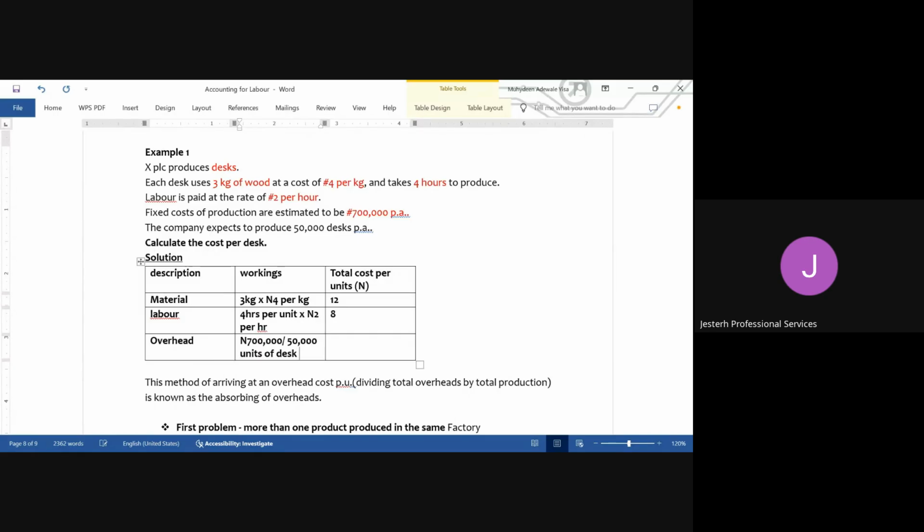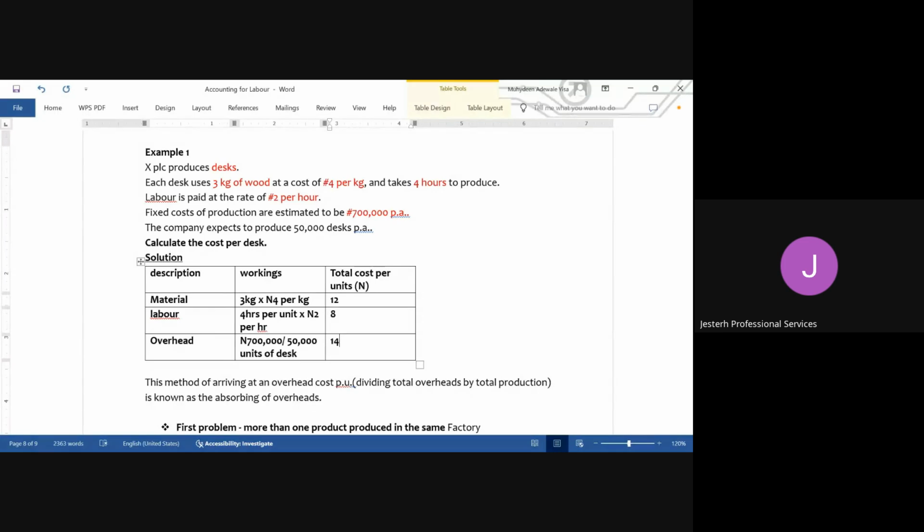If you divide it, it will give you 14 naira.